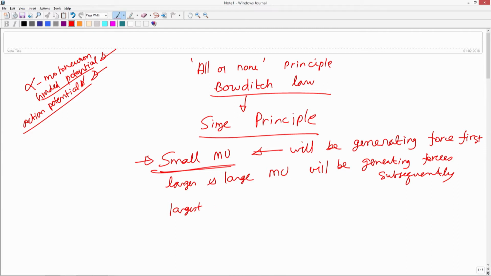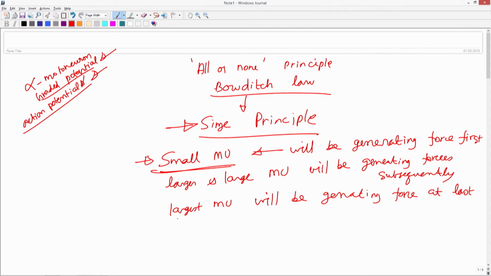So, the largest motor unit will be generating force at last, right? Generating force at last. Okay. So, this is called the size principle. Depending upon the size, the muscles are generating force.